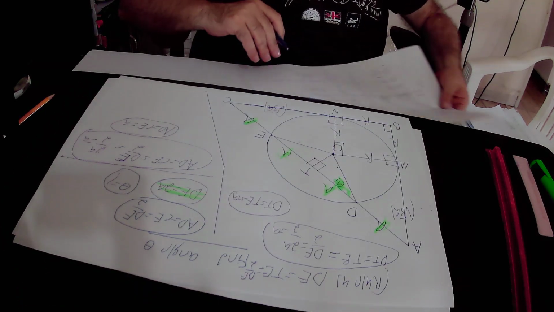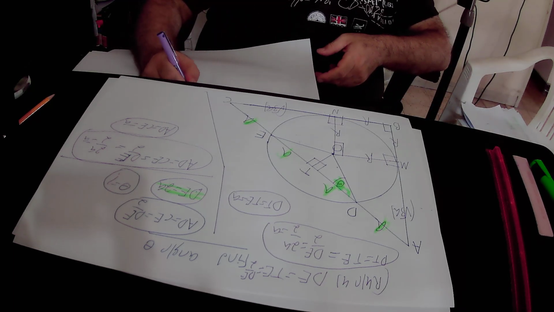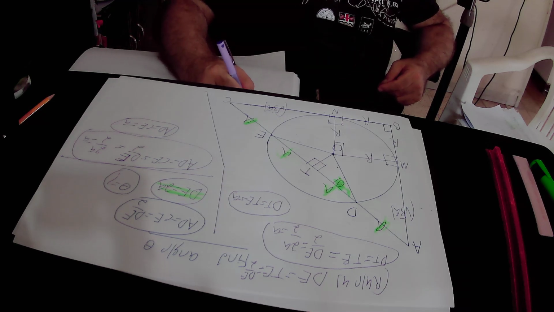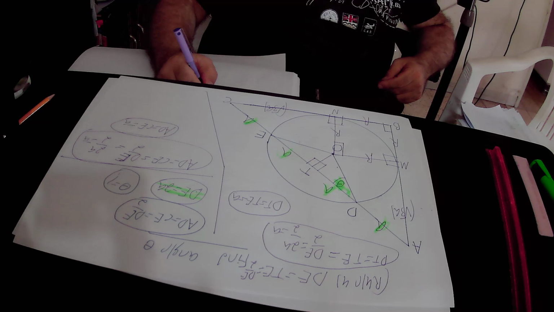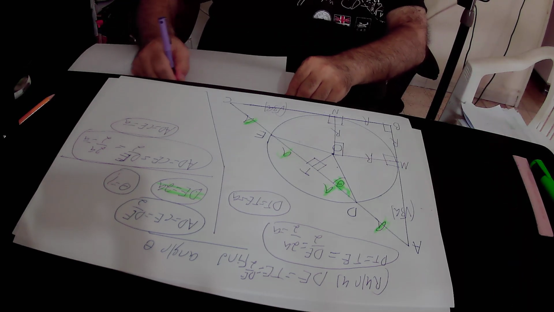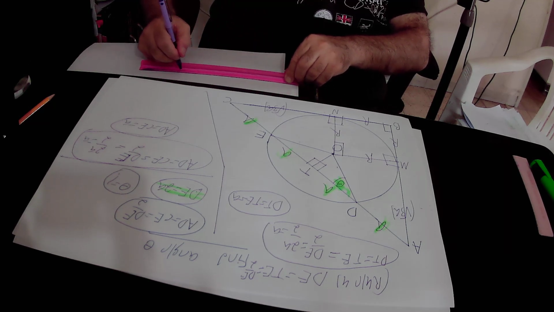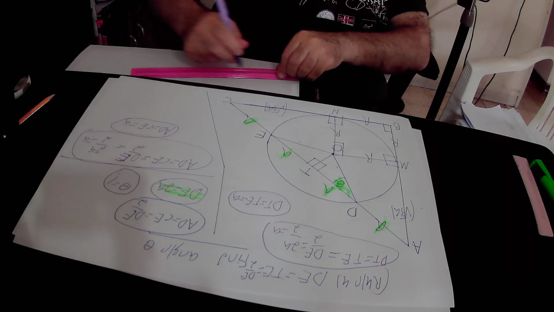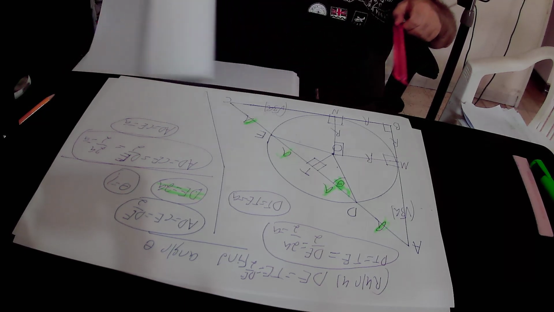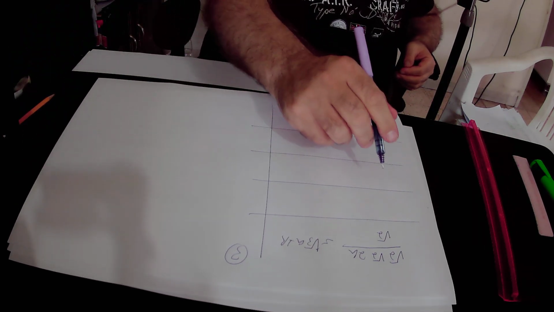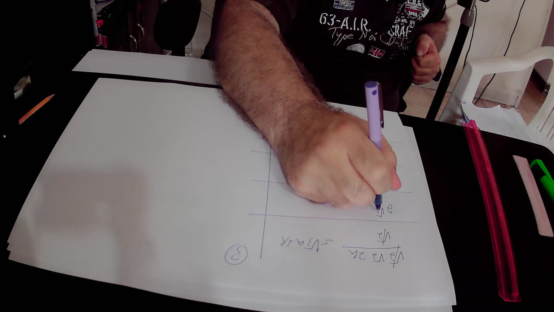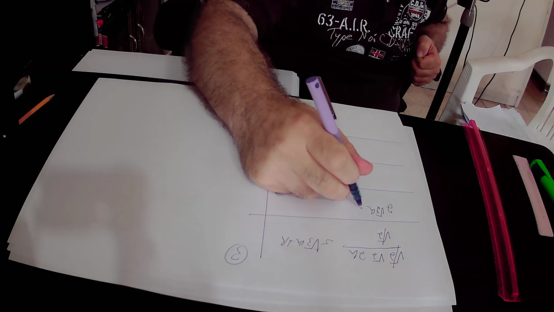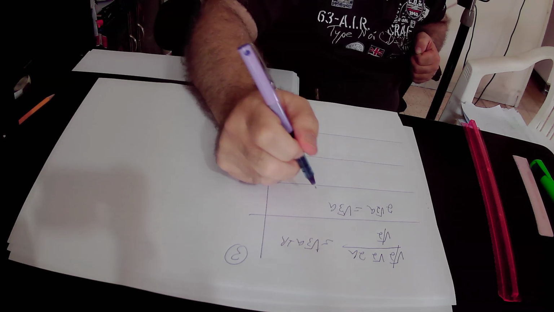So we have square root of 2 in the numerator and square root of 2 in the denominator, so the square root of 2 gets cancelled, and we are left with 2 times square root of 2 times a equals the square root of 3 times a plus r.